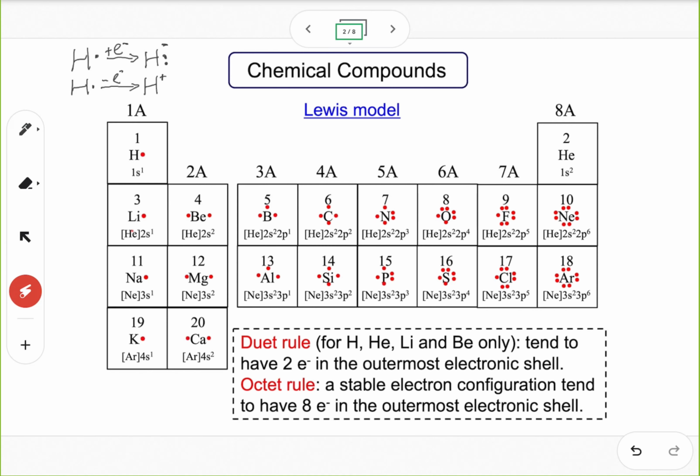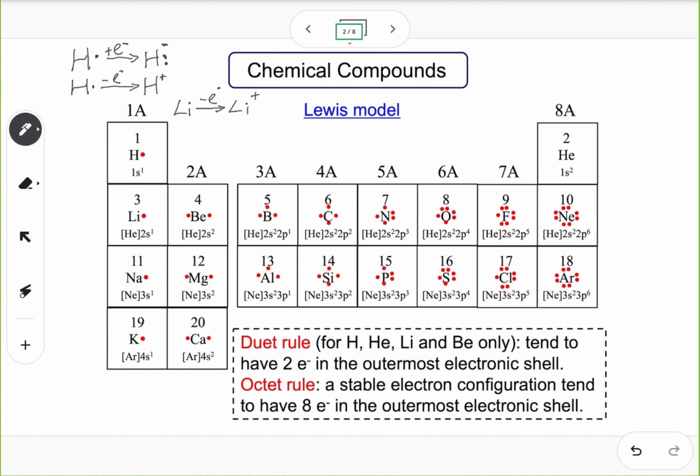For lithium, you know that it has 1 electron on the 2s orbital. Let me write it here. For lithium, it tends to lose 1 electron from the 2s orbital to form lithium plus. So it has a tendency to have 2 electrons in the outermost electronic shell.